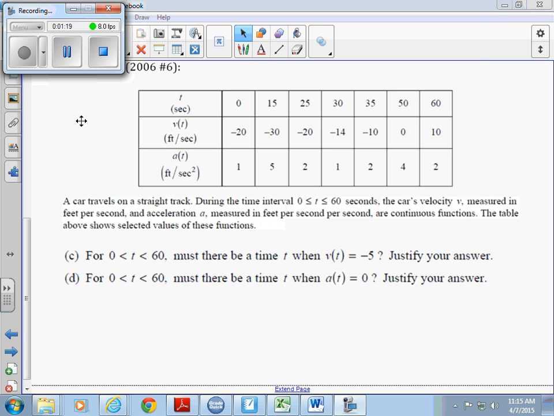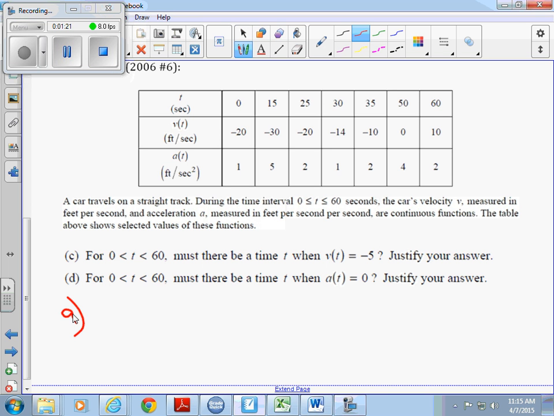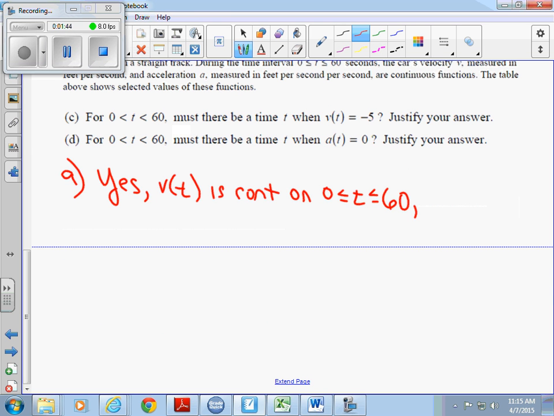So, part A. Yes. Why? Okay, B of t is continuous on 0 to 60. That's the only qualifier on the intermediate value theorem, right?